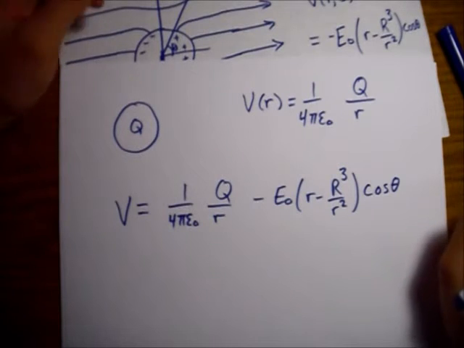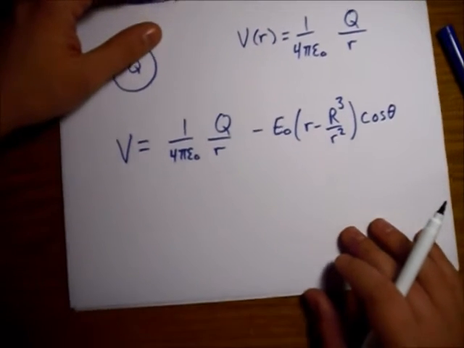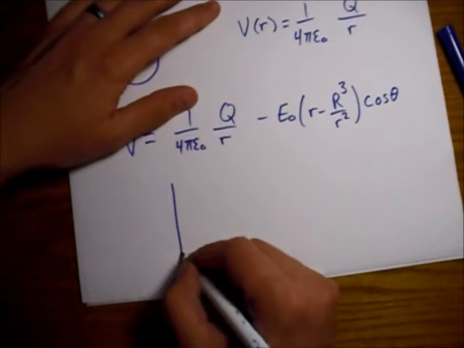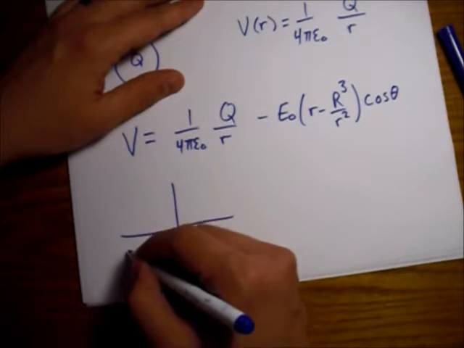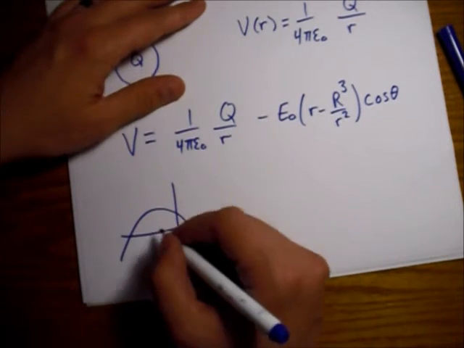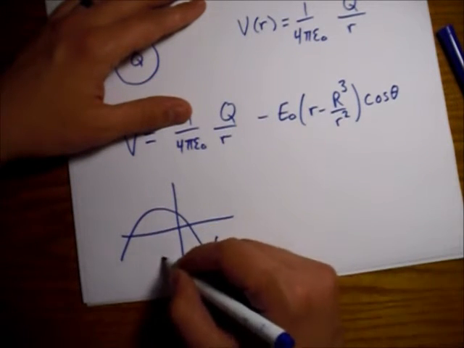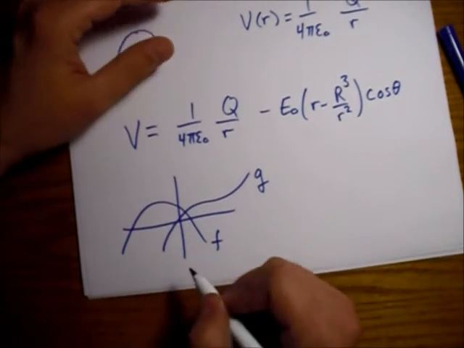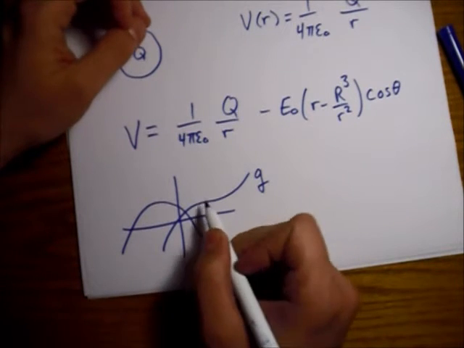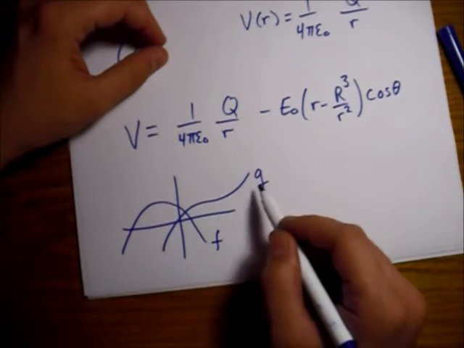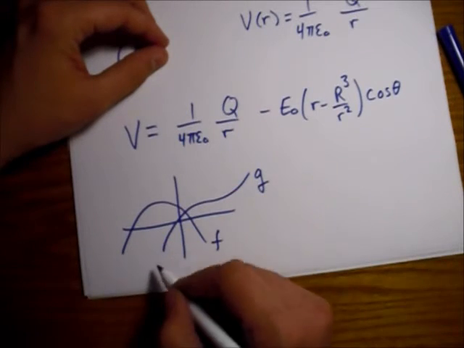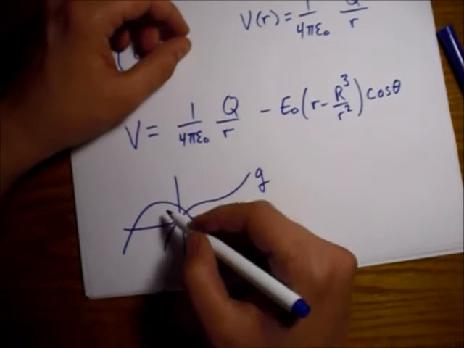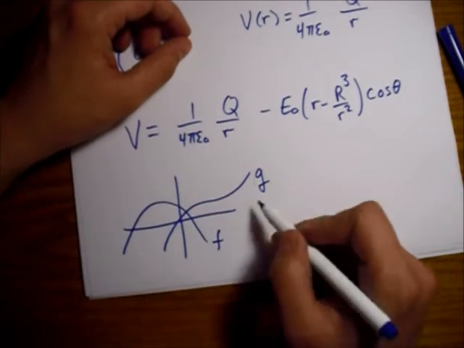And just with anything, suppose we had two functions and we're adding them together. Say here's a function f and here's a function g. We can add these two functions and get some other function.